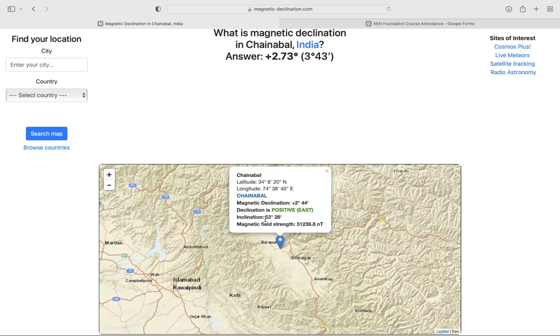Then inclination, the magnetic inclination, I told you the magnetic dip. That's 53 degrees 26 minutes. Then the magnetic field strength at this particular location. Look at the value of it, it is in nanotesla, 10 power minus 9 Tesla. So it is that weak. Are you able to understand? So this is how things are calculated and how the real world works.